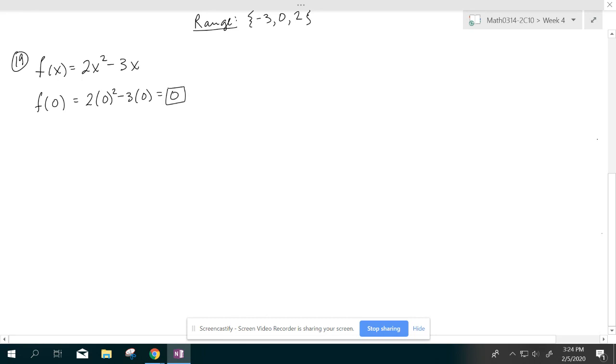So f of 0 is 0. Let's do another one. Let's try f of -1. Same process, same function. Now every x gets replaced with -1. And I'm going to need you to work that out and give me the answer.